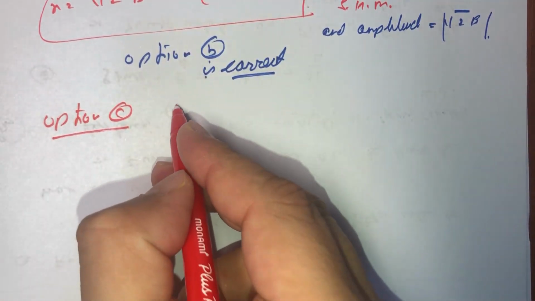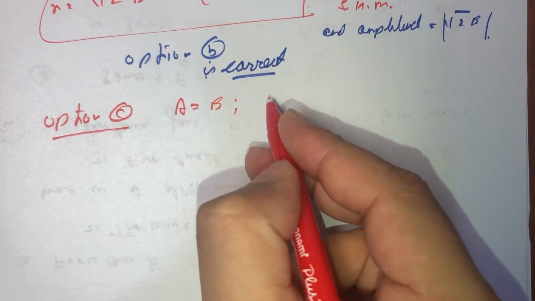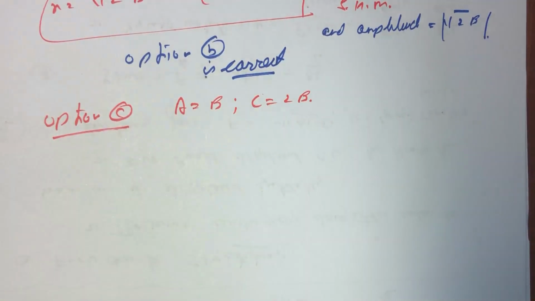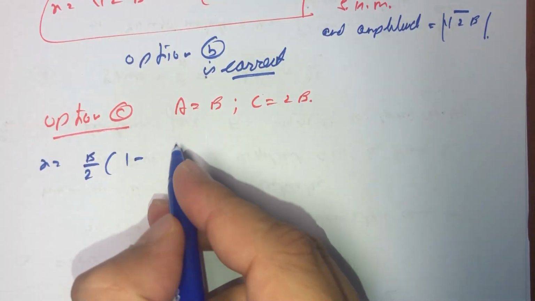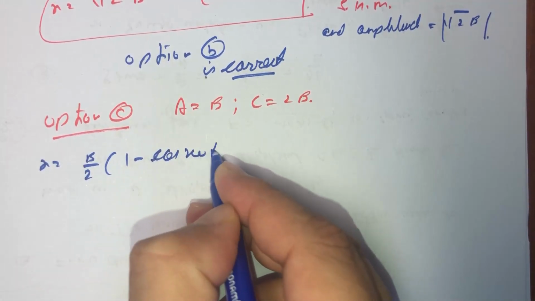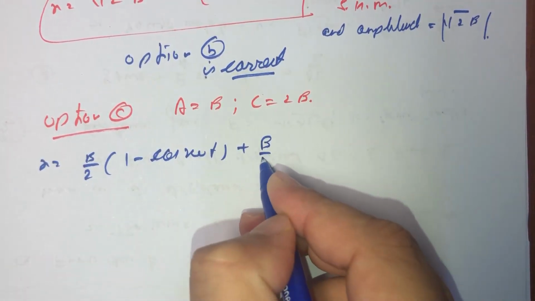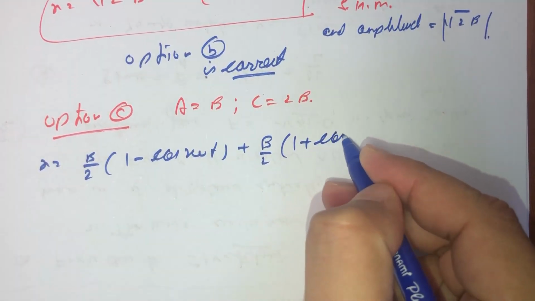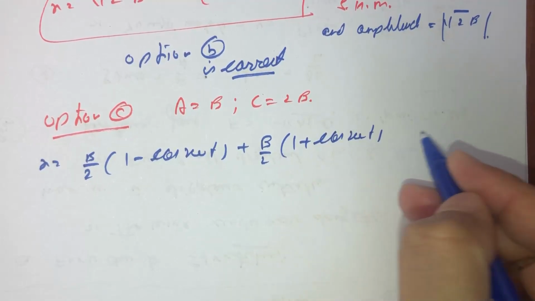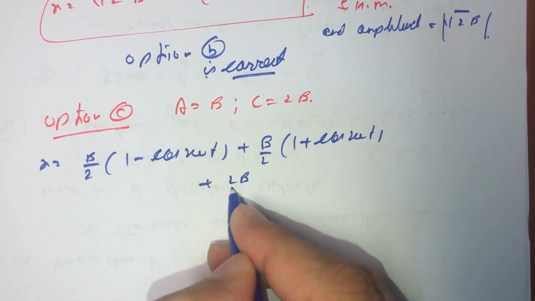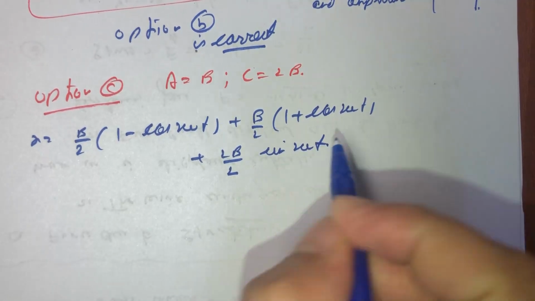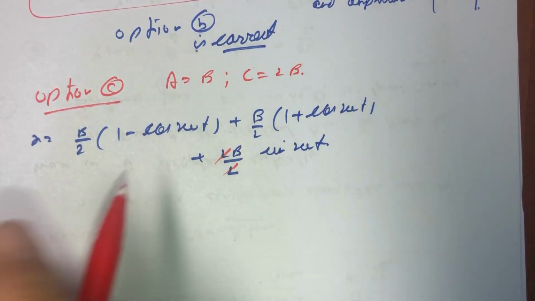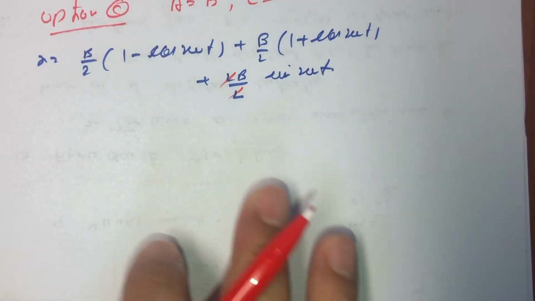Option C, we are given that A is equal to B and C is equal to 2B. So once again, we can write that x will be equal to B by 2 (1 minus cos 2 omega t) plus B by 2 (1 plus cos 2 omega t) plus 2B divided by 2 sine of 2 omega t. 2 and 2 cancel out, and once again we open the bracket.